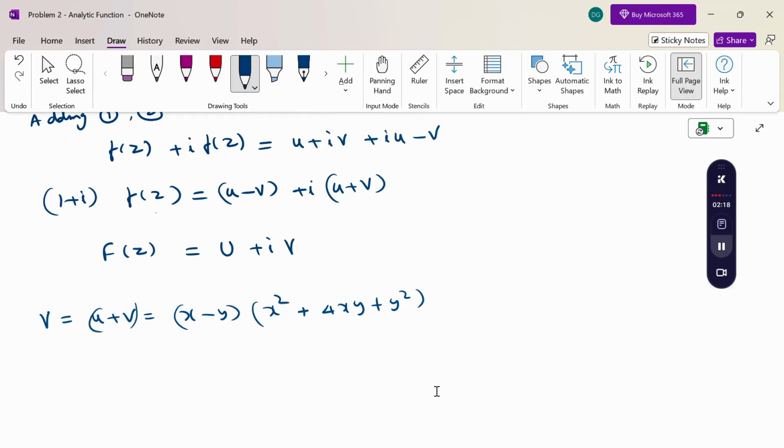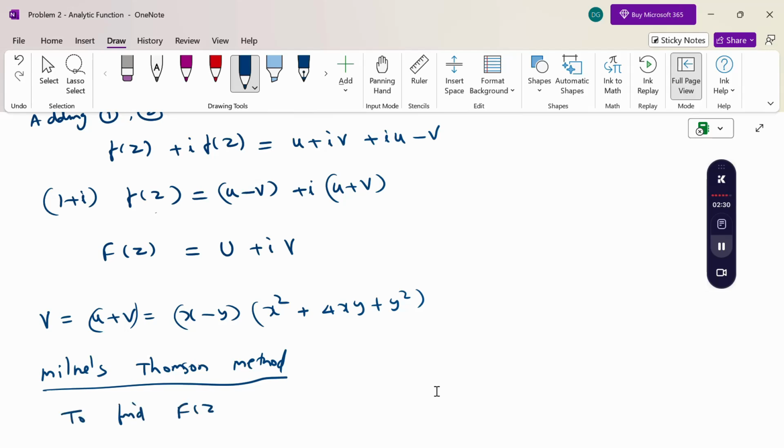Now using Milne's Thomson method to find capital F of z when capital V is given.